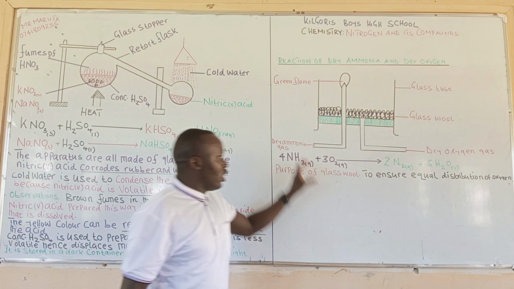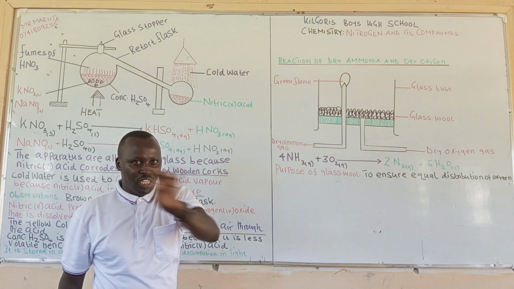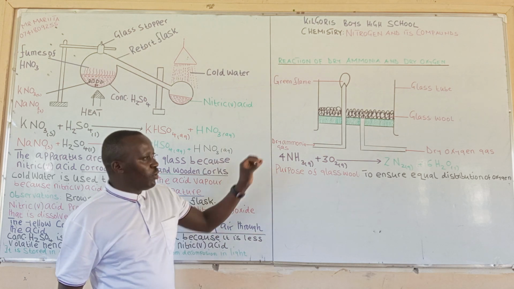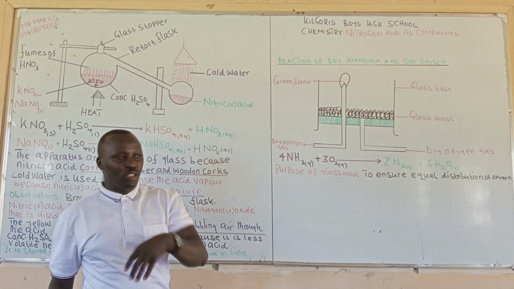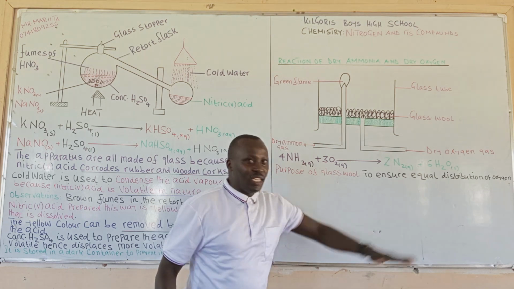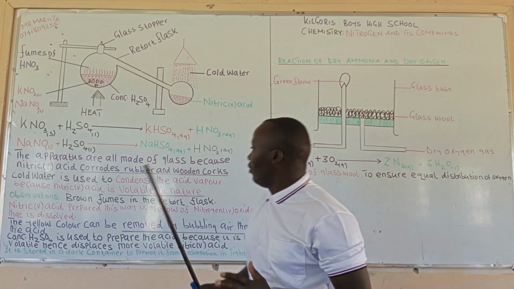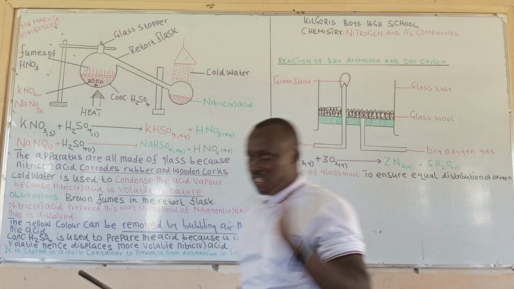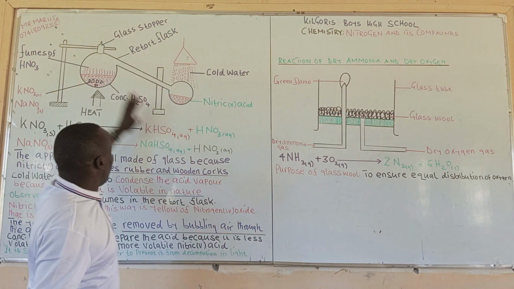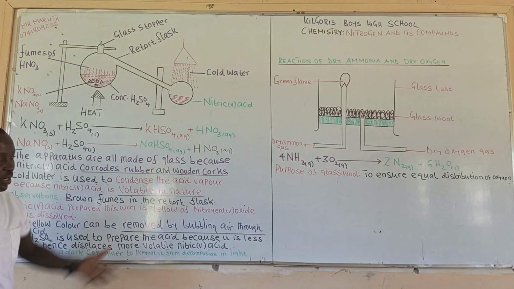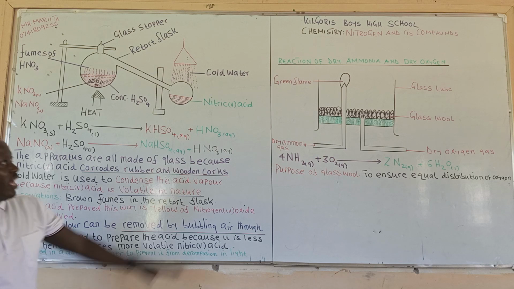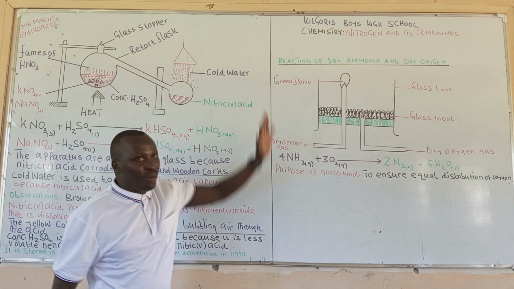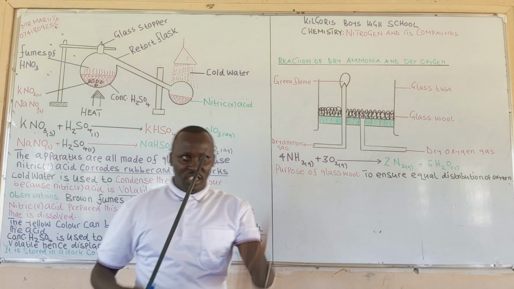So these are the two things: you will be able to write the equation of the reaction correctly, and you will understand the purpose of the glass bowl, which is to ensure an equal distribution of oxygen. That is a very simple summary on the KCSE apparatus, the laboratory preparation of nitric acid, and the reaction between dry ammonia gas and dry oxygen gas.